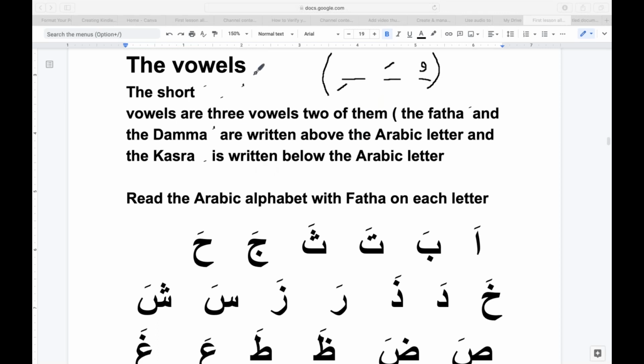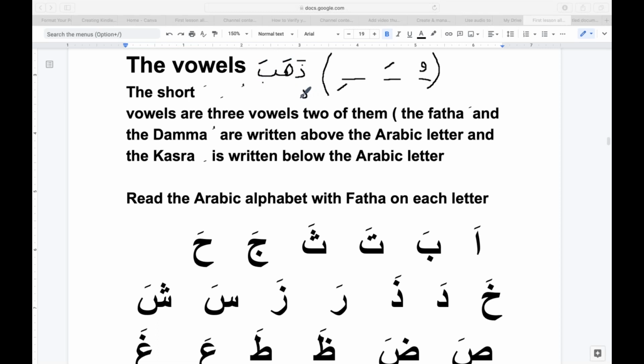So for example, if we take the word ذهب, it means he went or he left.